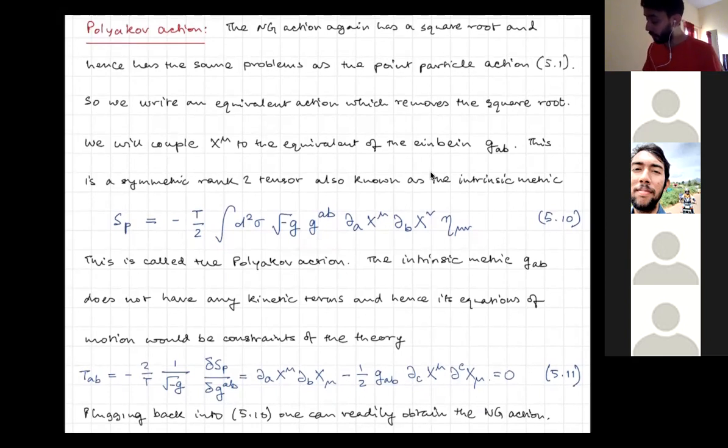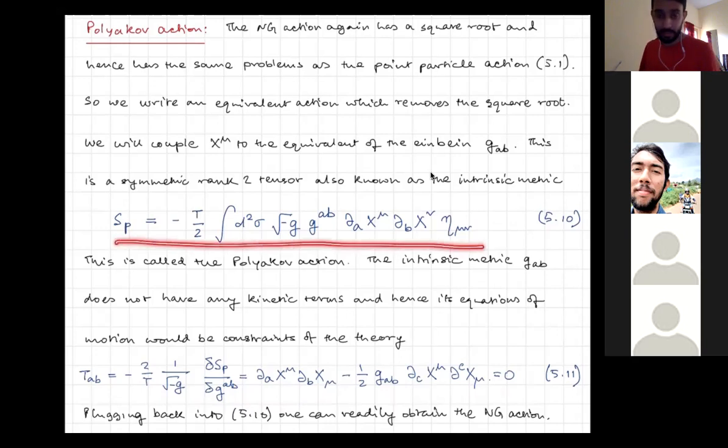So its equations of motion are going to be constraints in the theory. That means that T_ab of the system is identically going to be equal to 0, and this is going to be the constraints of the system. To cut a long story short, we will do this in much more detail as you go forward. We will see that this particular action also has some gauge symmetries.